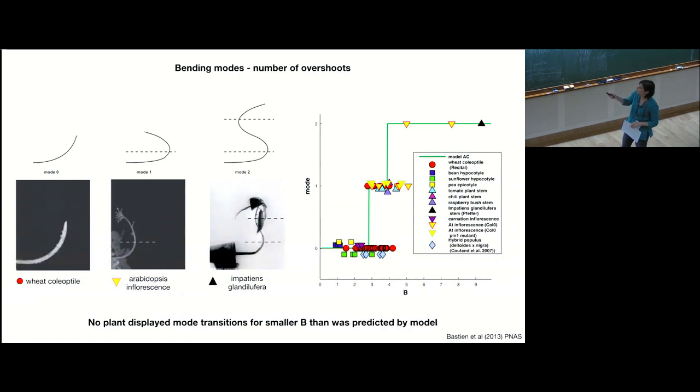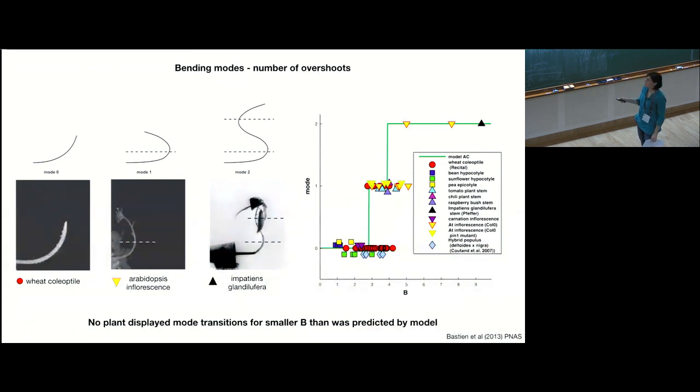You have wheat, bean, sunflower, pea, tomato, chili, raspberry, the impatiens from Pfeffer's experiment, carnation, inflorescence, another mutant, and other data from other papers. So a lot of very different plants. And for each of these, this is the B number that they measured for each single plant. This is single plant data.